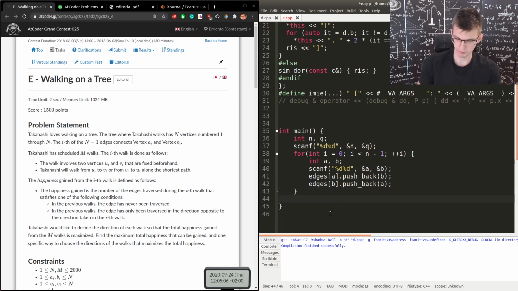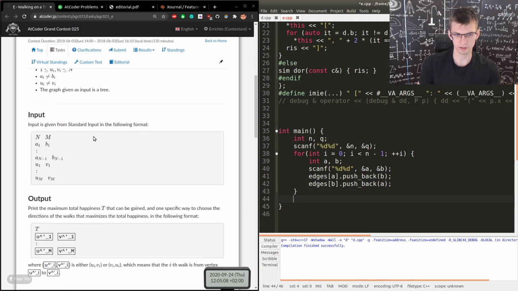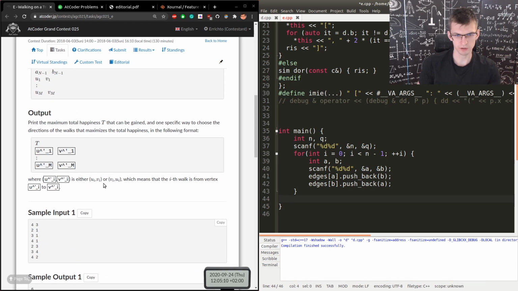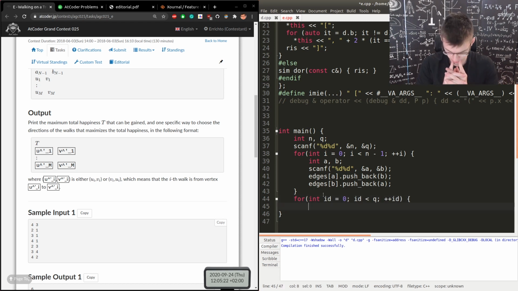I need to remember them in some way because I need to print them. Do I need to print them in proper order? Yes. How do I do that?